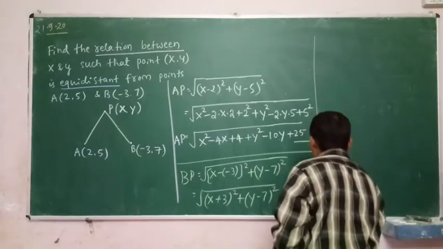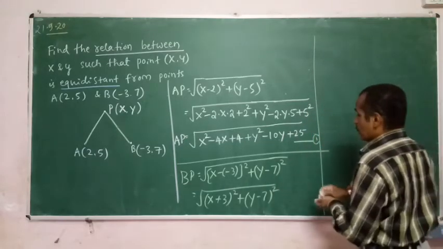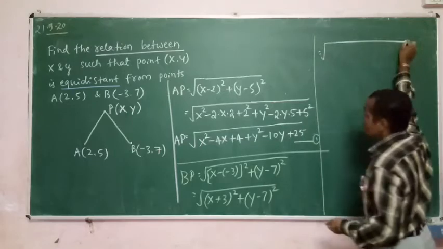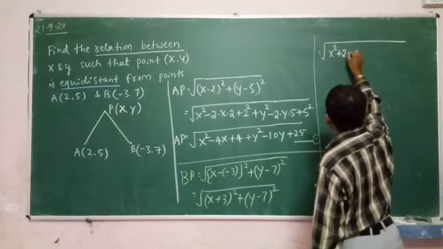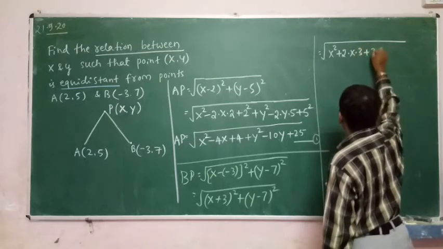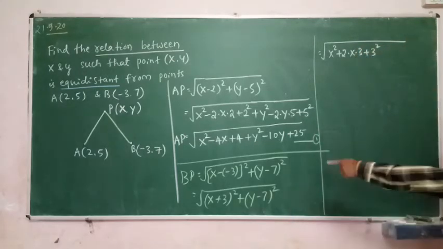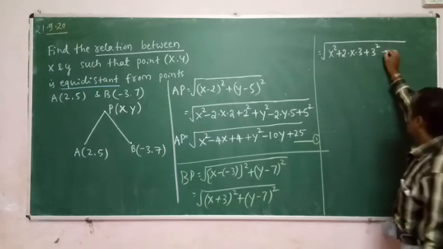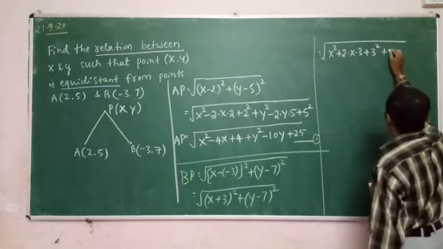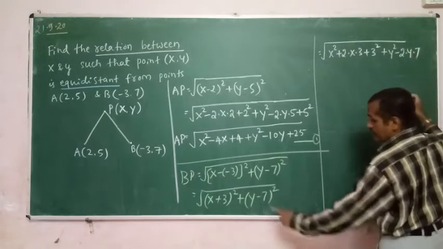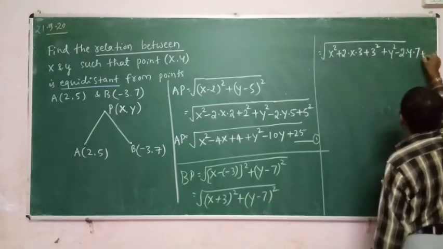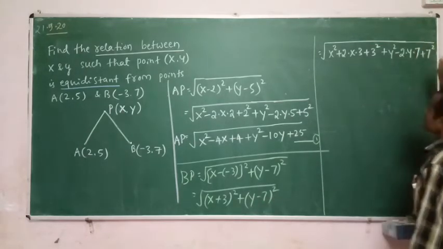Now I will expand it using (a plus b) the whole square equals a square plus 2ab plus b square and (a minus b) the whole square equals a square minus 2ab plus b square.